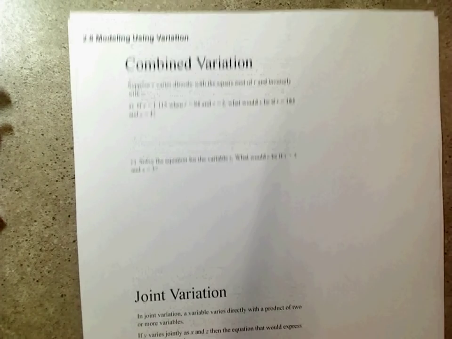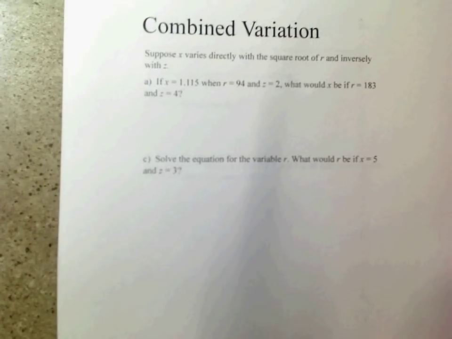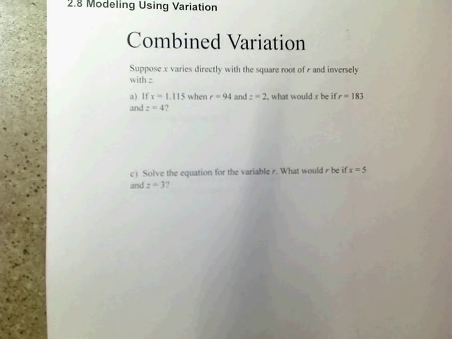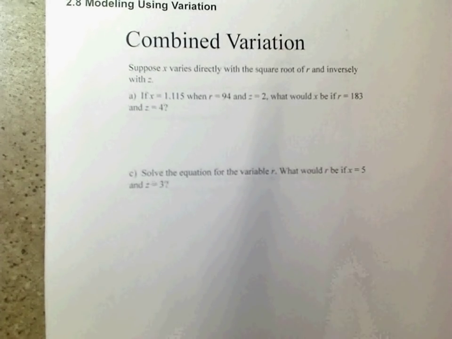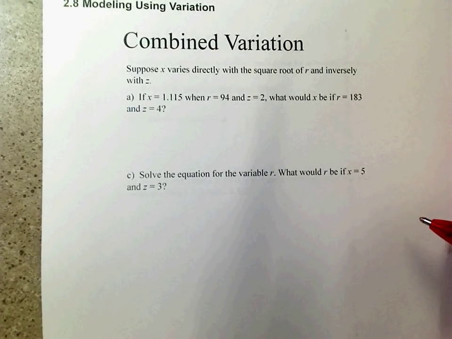Suppose x varies directly. You might pause this and try to work this problem on your own, but anyway, here we go. Suppose x varies directly with the square root of r and inversely with z.